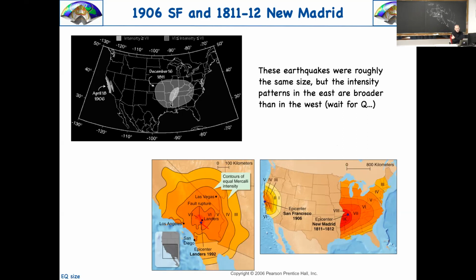And why are they large? Because intensity is an expression that also reveals the geological conditions. For example, and we will see this next week, when I show you some slides about the Michoacán event of 1985, you can see that the largest intensity lines are in Mexico City, 400 kilometers from the source.